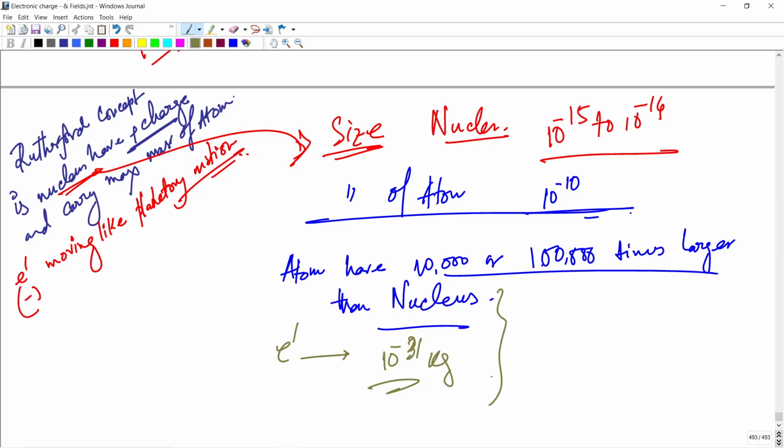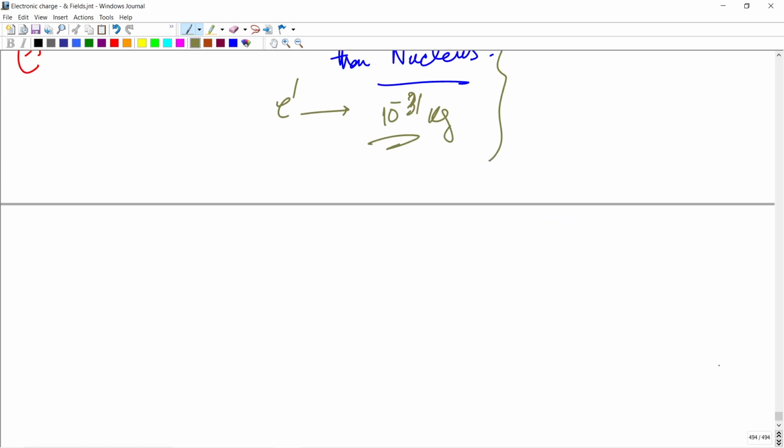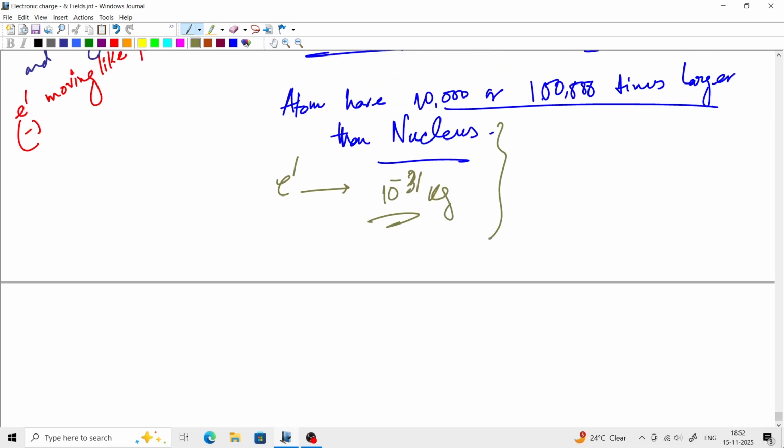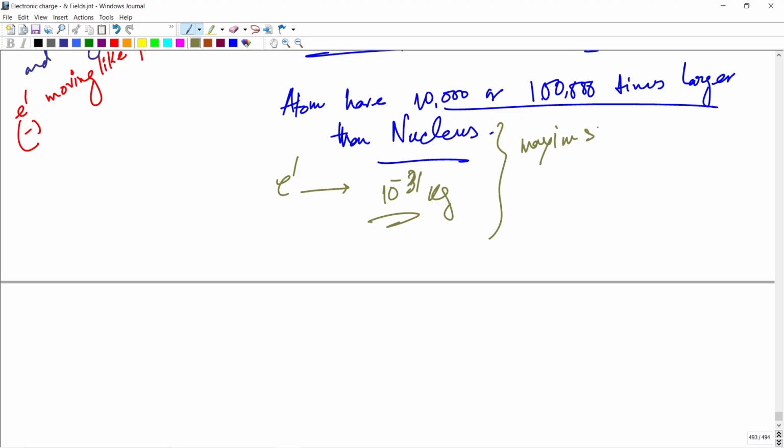So the final conclusion is that the maximum space of the atom is empty, because the mass of the electron is very small. Since the atom is mostly empty space, an alpha particle easily passes through it.